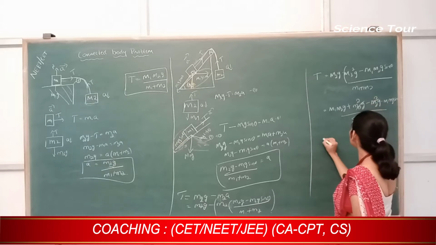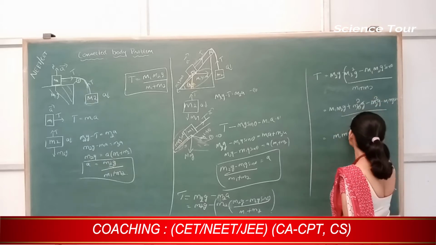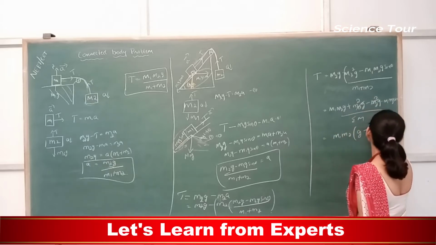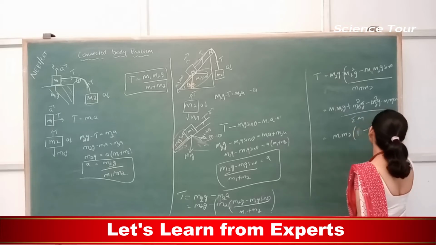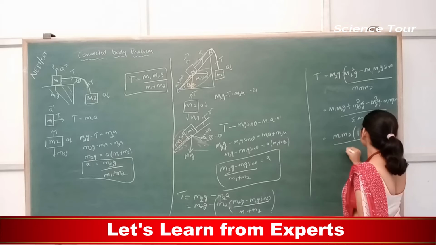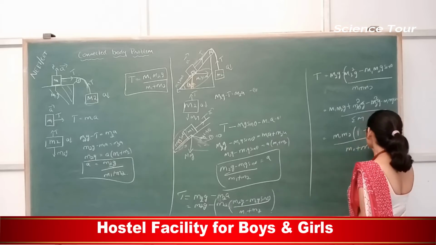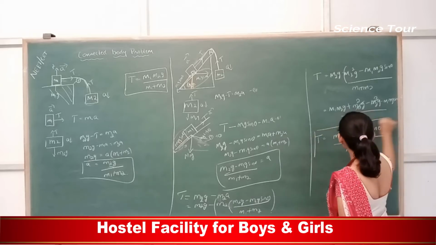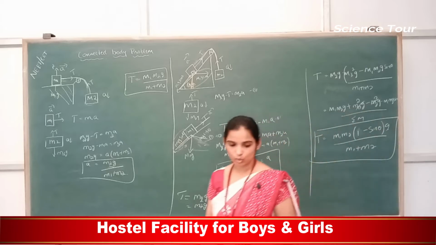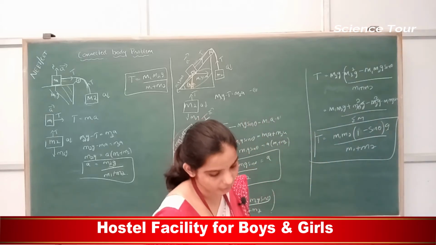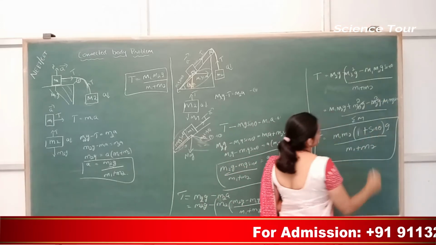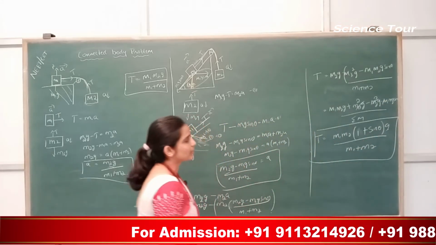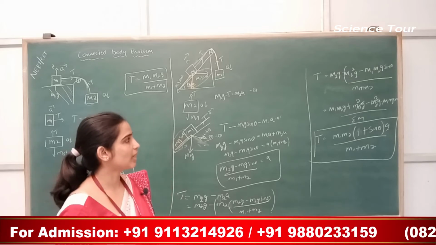This gets cancelled. So m1 m2 g minus, sorry, 1 minus sin theta into g divided by m1 plus m2. This is your tension. So much to do for tension. m1 into m2, this should be plus, right? This will be plus. So 1 plus sin theta into g divided by m1 plus m2.